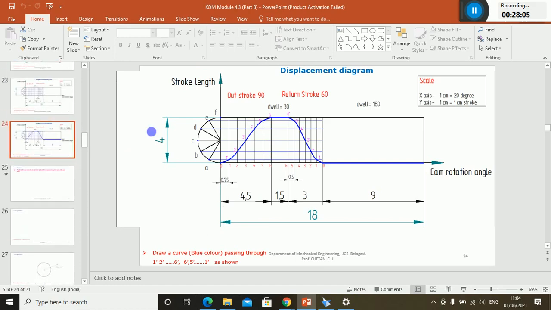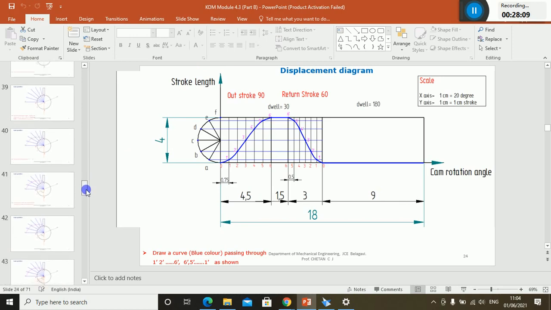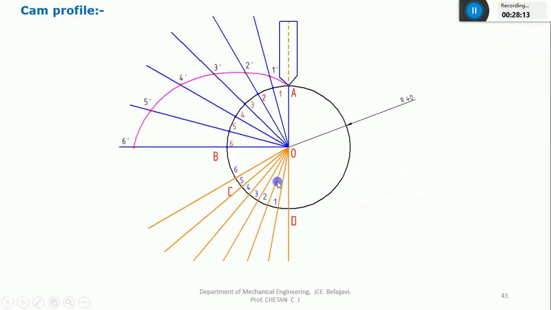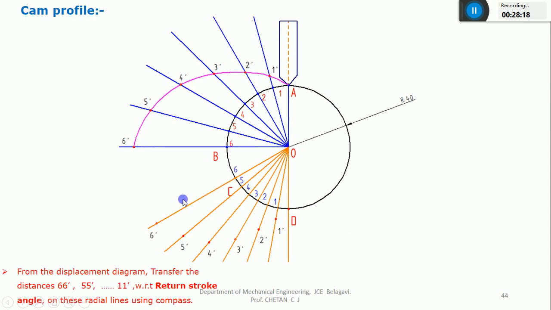So now I have copied this 6 to 6 dash. I'll go to the cam profile over here, and with respect to this point 6 to 6 dash, I'll draw an arc. Using the compass, I'm transferring the distance from the displacement diagram. I'll take this 6 as a reference point.